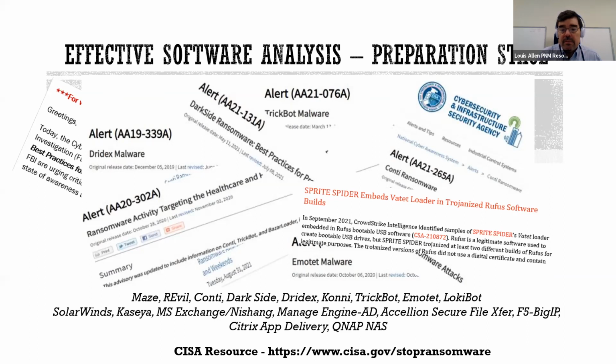This slide shows just a few of this year's Cybersecurity and Infrastructure Security Agency alerts and advisories that are associated with ransomware and distribution networks, supply chain attacks, and malware attacks performed as post-exploitation of enterprise product vulnerabilities.